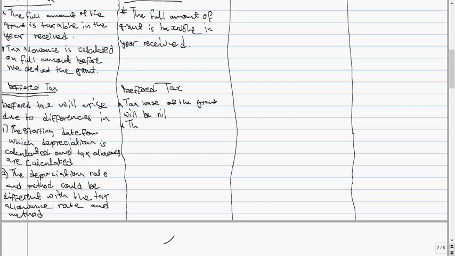Now the carrying amount of the grant will be greater than the tax base. So obviously the carrying amount will be greater, since the tax base is going to be 0.